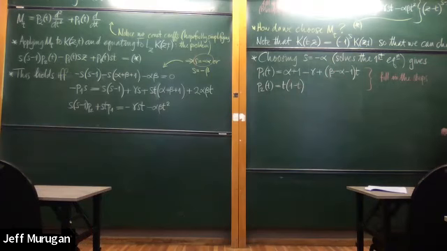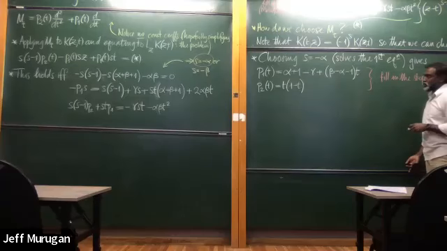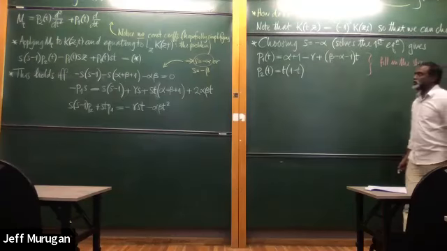This is the six steps here, which is just solving two linear equations for two unknowns.